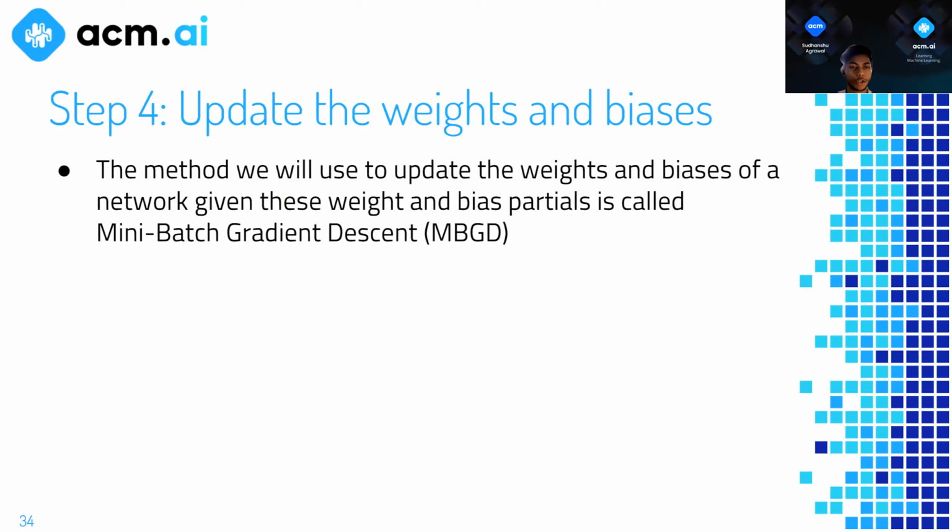But to quickly show you what the formulas look like to wrap up our discussion of neural networks, what we essentially do is the same thing we were doing all this while, except with this little extra thing over here. We take our old weight and subtract some learning rate eta times our partial derivative term.